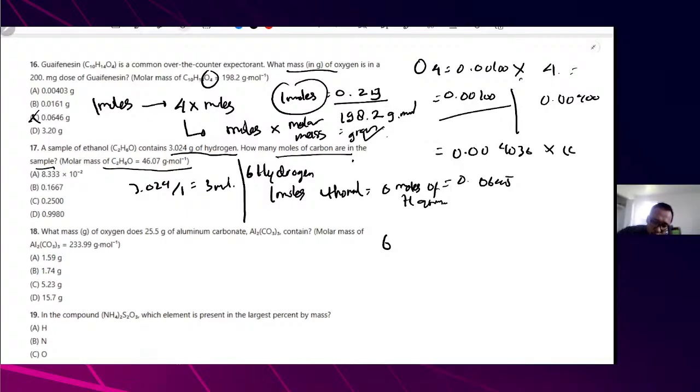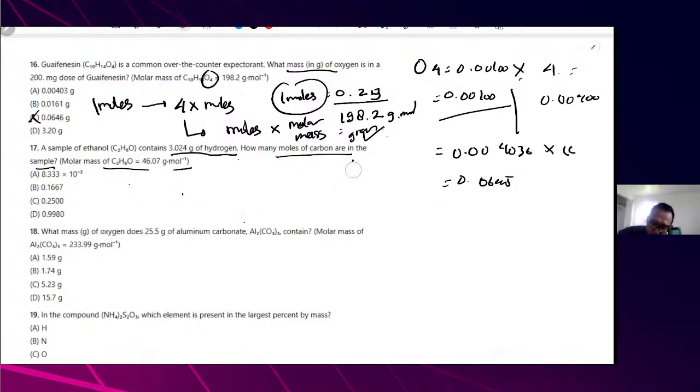Okay, like I mentioned before, let me think again. It's very easy actually. This 3.024 divided by gram per mole, 6.